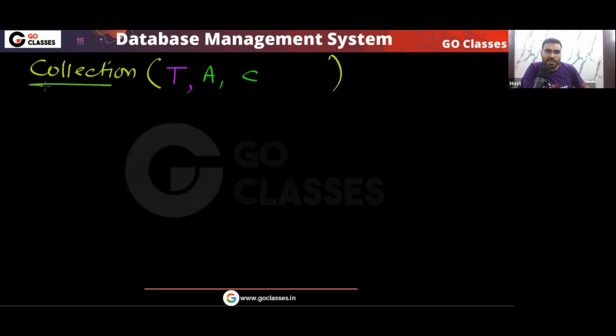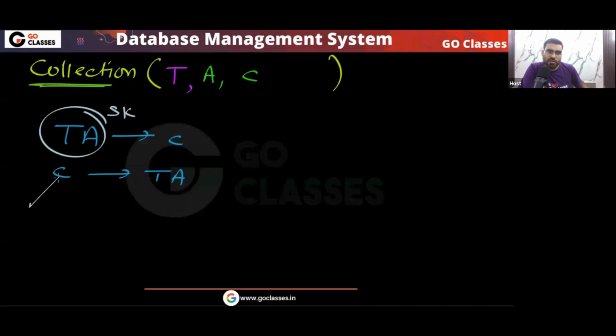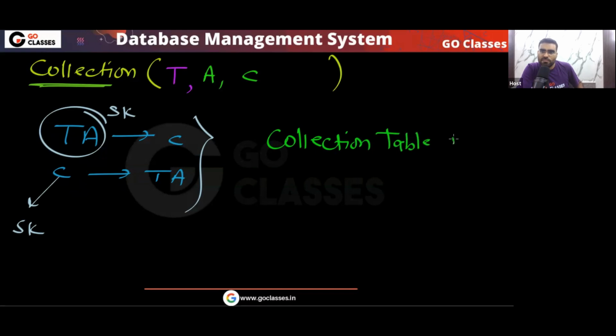So finally I can say, in the collection table we have TA determining C, C determining TA. Both are super keys, correct? So I can say this is actually in BCNF. Is this clear? So collection table is in BCNF. Let me know, did you understand?